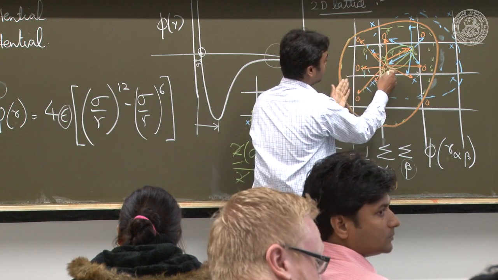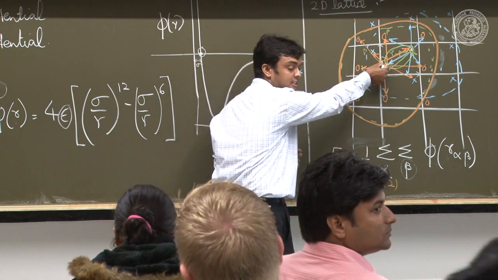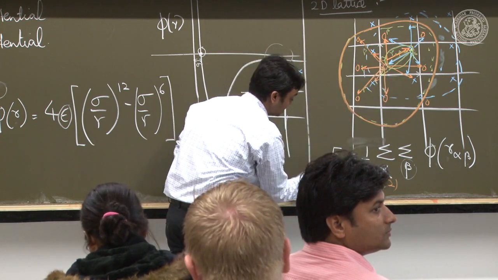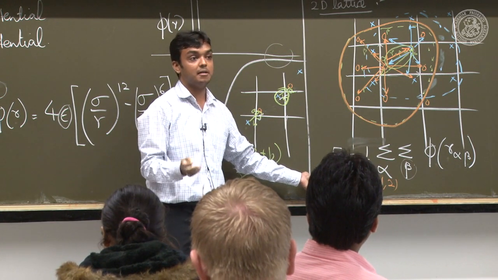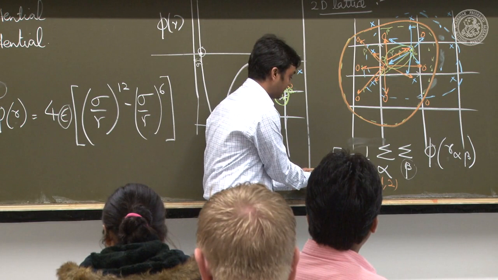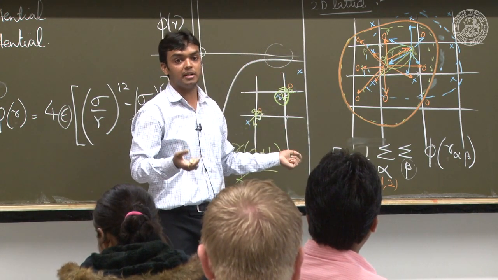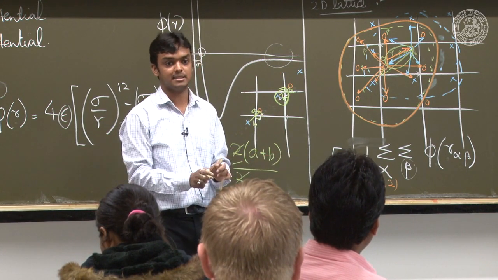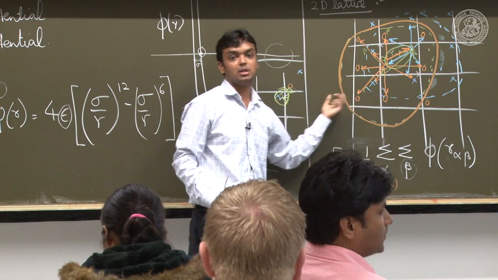Suppose, for example, you can take the neighbor as this atom here somewhere. But based on your potential, you will find that the amount of energy is actually 0, or comparatively less with those atoms.